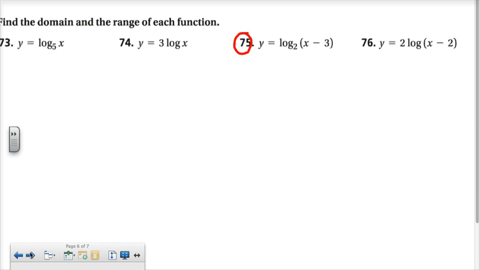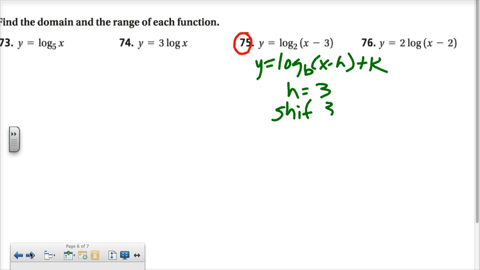This one is all about domain and range. So in number 75, you want to think y equals logarithm base b of x minus h plus k. And our h here is going to be 3, which would have us shifting this graph 3 to the right. Now, that's going to change our domain, because h is what's responsible for that right and left shift.